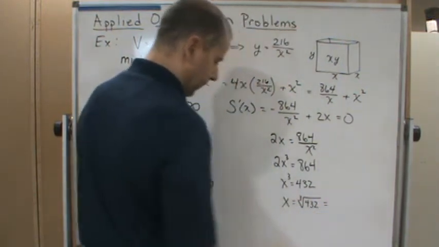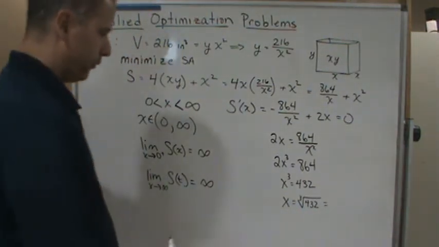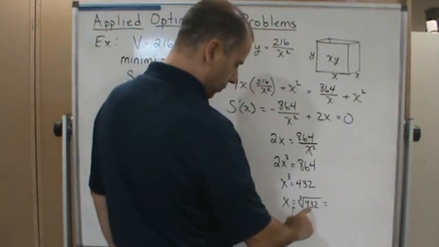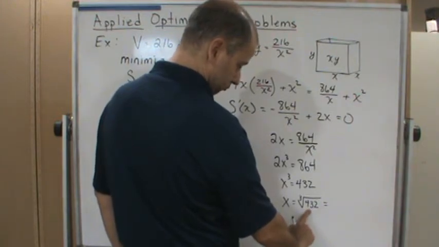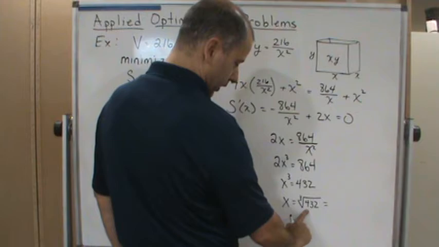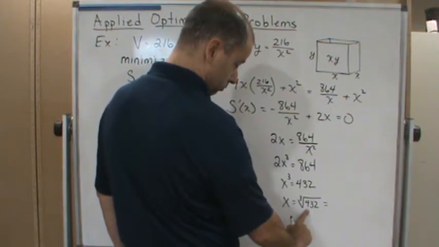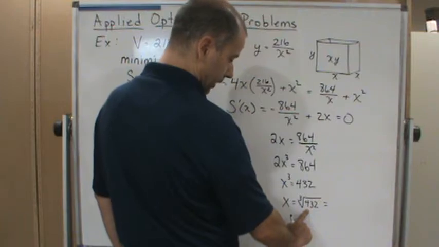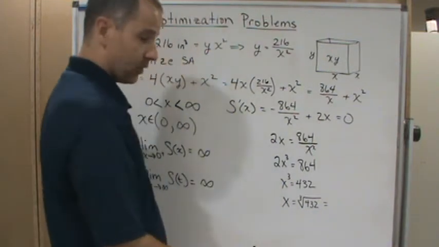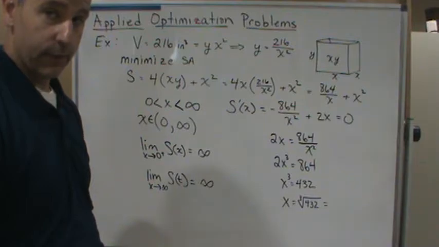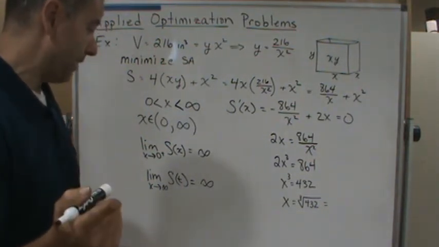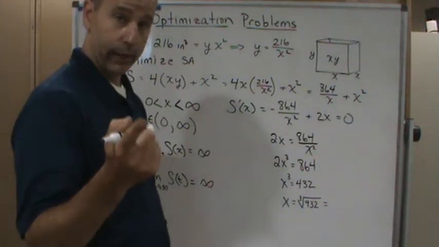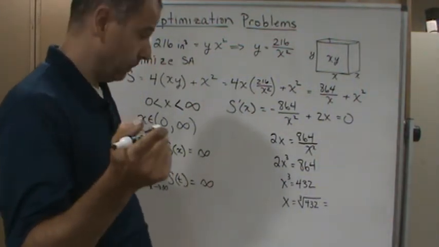Now if you notice, this is divisible by 8. So you get 8 times 54. But 54 is also divisible by 27, which is the cube of 3.